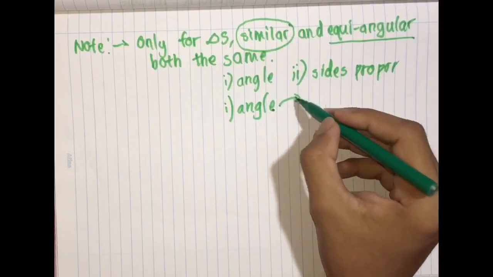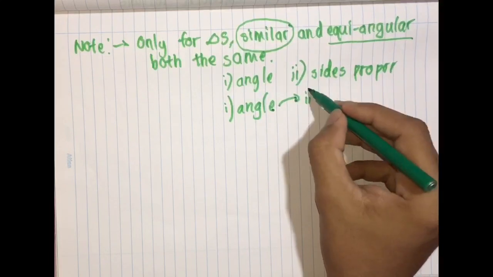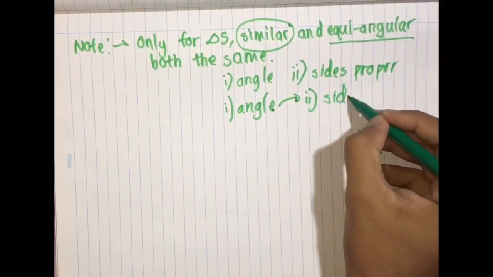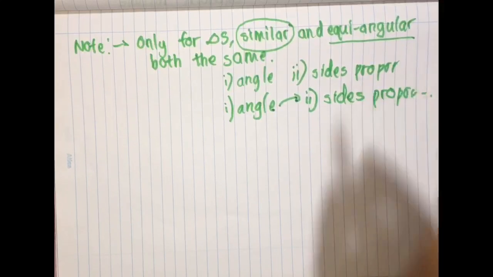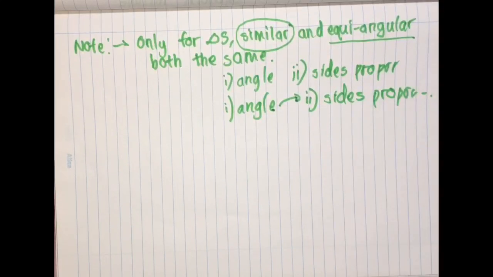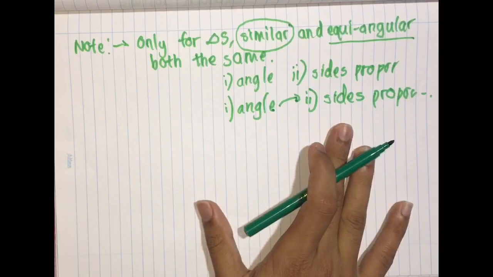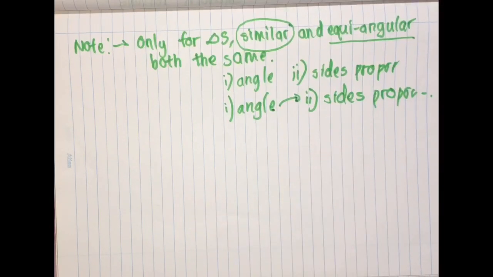Automatically using our theorem, you can also say that the sides are proportional. So it's the same thing repeated, only for triangles. Keep this in mind. Is that clear? Now let us check one more question related to this.